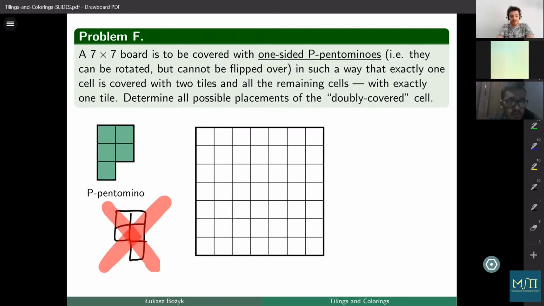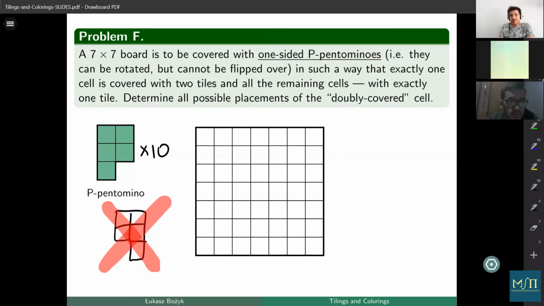And so we have a collection of P pentominoes, and we have a 7 by 7 square, so we have 49 cells. What we want to do is to have 10 such P pentominoes to cover 50 cells of this grid.